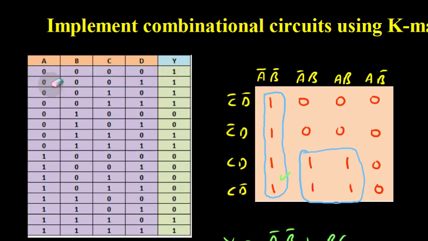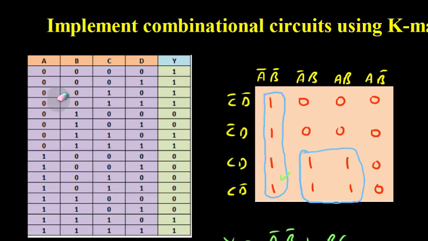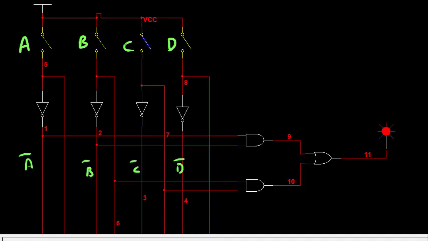The first input is 0 0 0 0, and the output should be 1. All are 0, and the output is 1. Next combination is 0 0 0 1, and we must get 1. An open switch means 0. We close it, so this is 1, and the output is again 1.